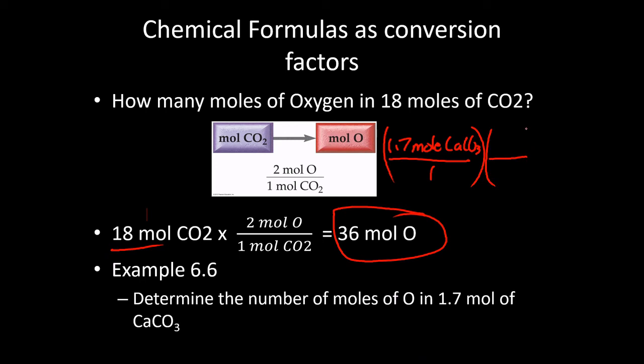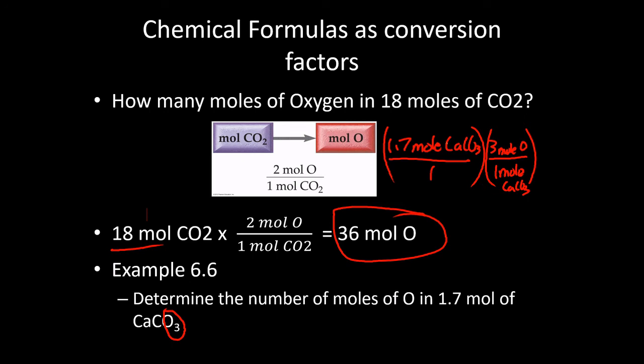Okay, I hope you paused the video there and you were able to work out that this is a 3-to-1 ratio. For every 1 mole of calcium carbonate, we have 3 moles of oxygen. And again, that is just from the molecule itself, from the chemical formula, a 3-to-1 ratio.